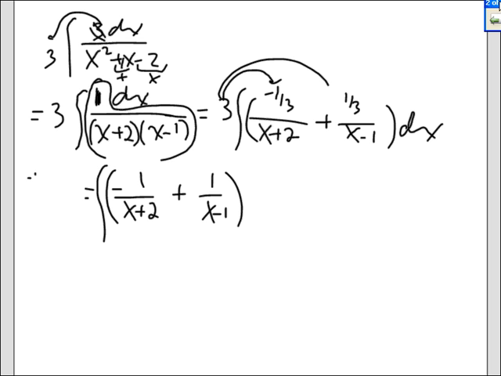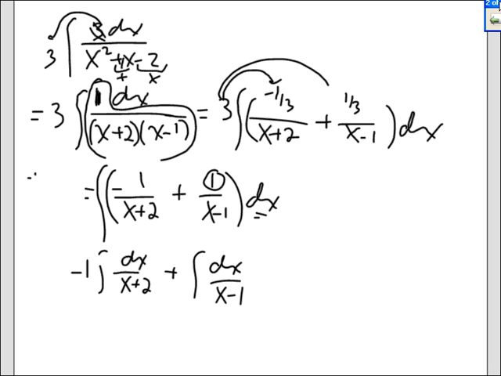It's the integral of that dx. Which means it's the integral of negative 1 dx over x plus 2. I'll pull out the constant negative 1. Plus the integral of 1 dx, which is dx, over x minus 1.